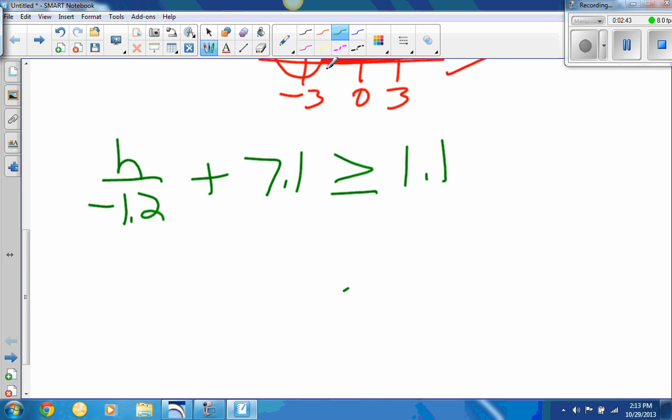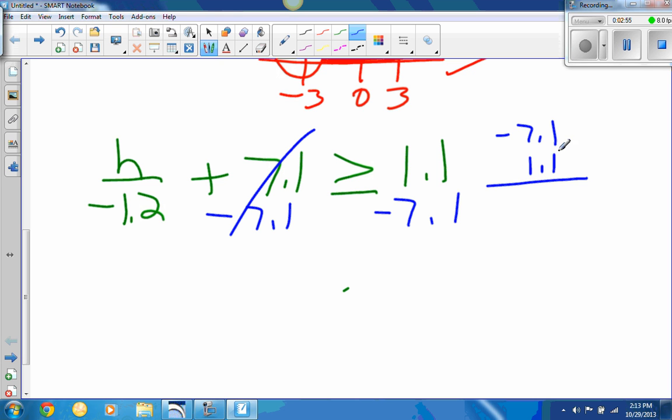It says plus 7.1, so I'm going to do the opposite, which is subtract 7.1. Be careful over here. I have a 1.1, which means I have to actually flip this around. This 7 is negative. Subtracting is the same thing as adding a negative. So I'm going to go ahead and subtract that, and I get a -6.